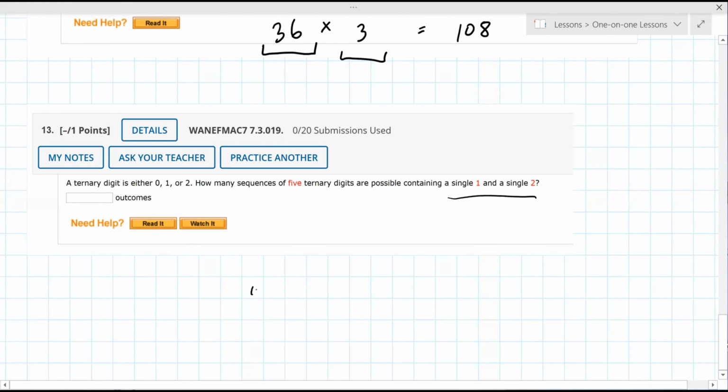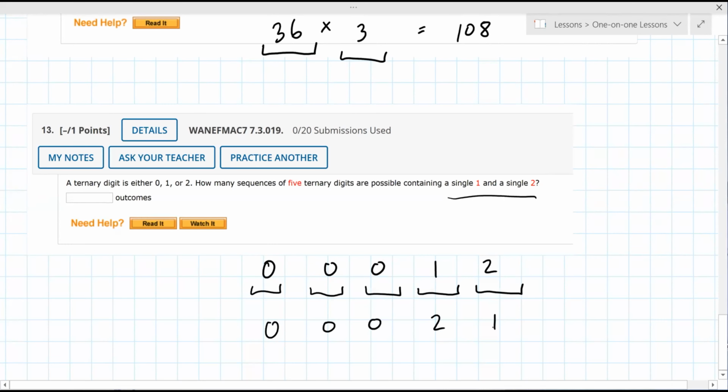So there's 5 digits, but it can only have a single 1 and a single 2. So it's like saying, does the 1 go here and the 2 go here, or the 2 here and the 1 here. It could be 0, 0, 0, 1, 2. That would be okay, but so is 0, 0, 0, 2, 1. And so on.